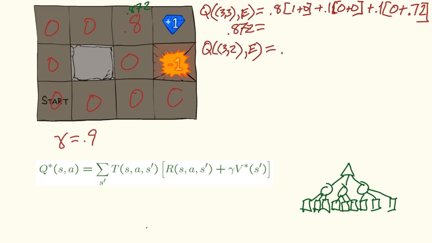and again, that's 0.8 times, well, there's no reward here going east, but there is a value there of 0.8 times the gamma of 0.9. This is then added to 0.1 times 0, bouncing off the wall, and 0.1 times 0, bouncing off the other wall.